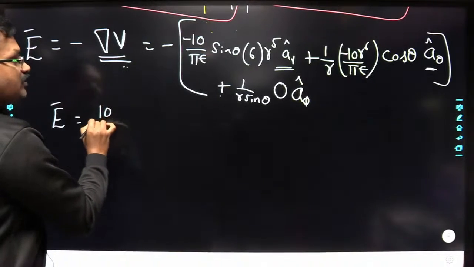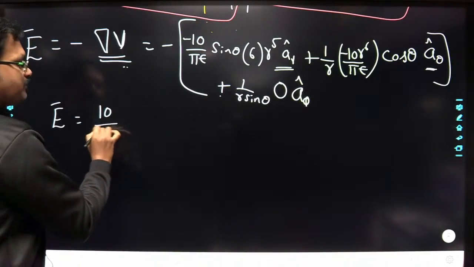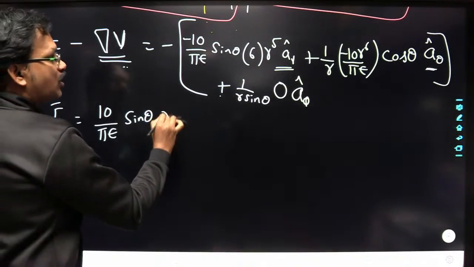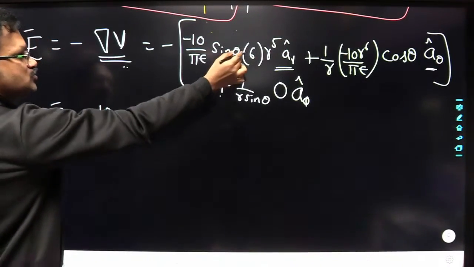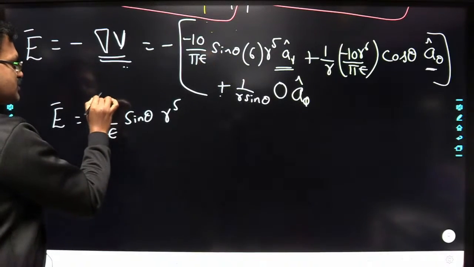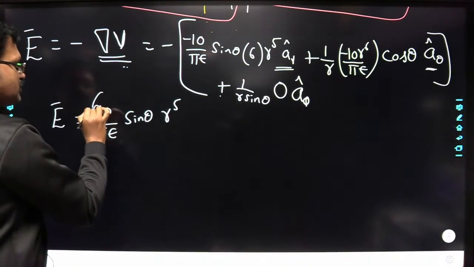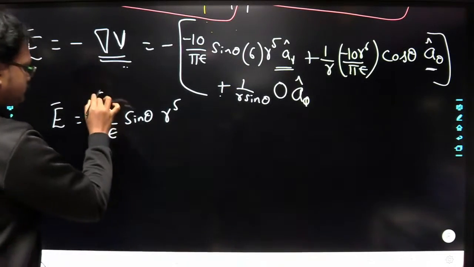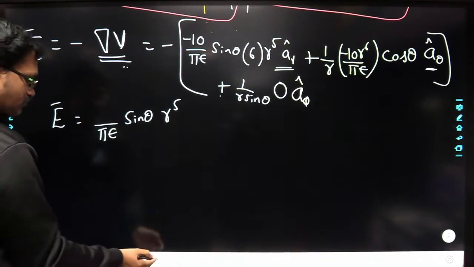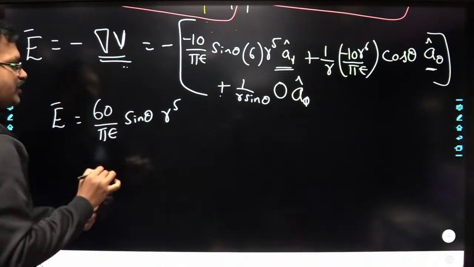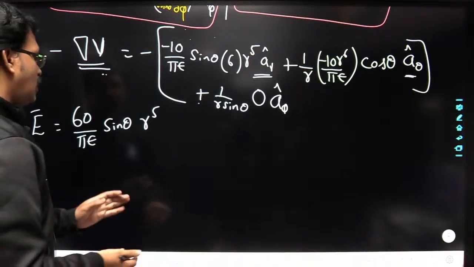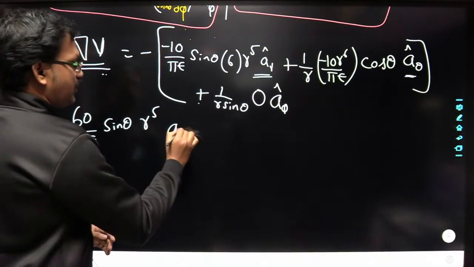So 10 by pi epsilon into sine theta into r power 5. So 6 is there. 6 into 10 is 60. So I am writing here 60 by pi epsilon into sine theta into r power 5 AR cap.